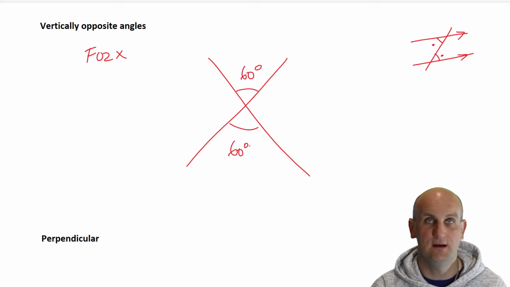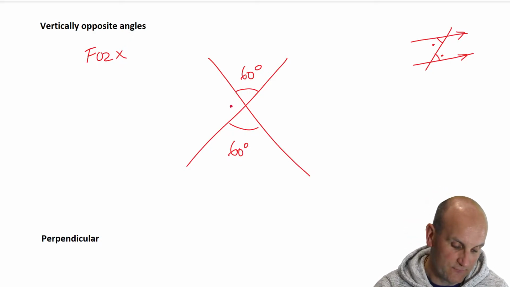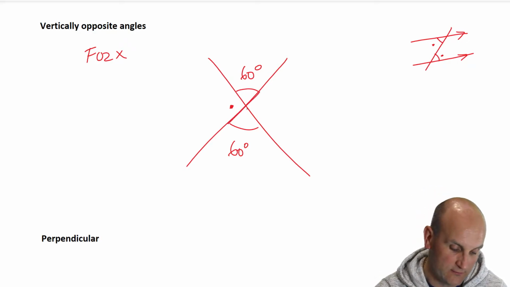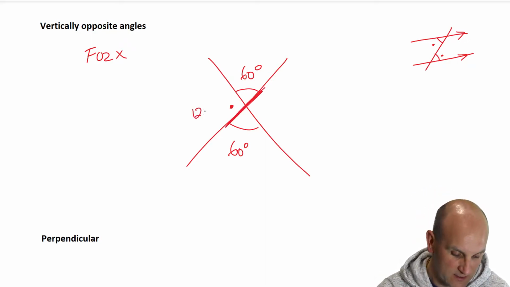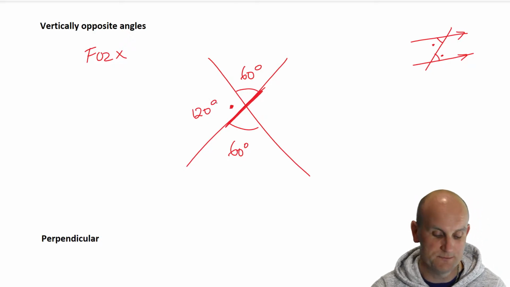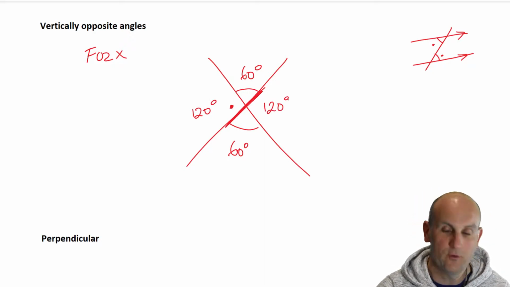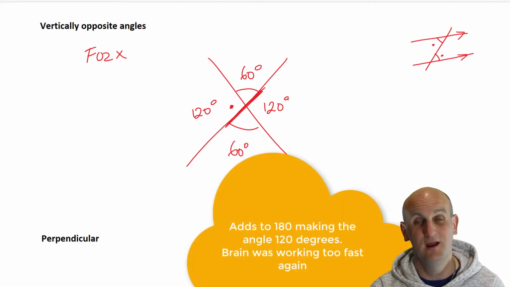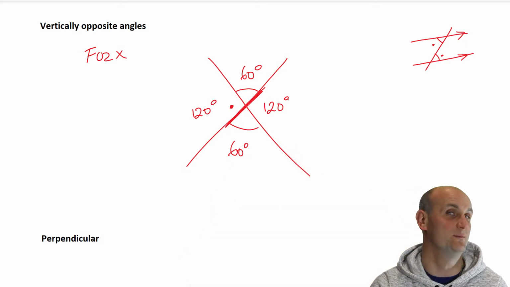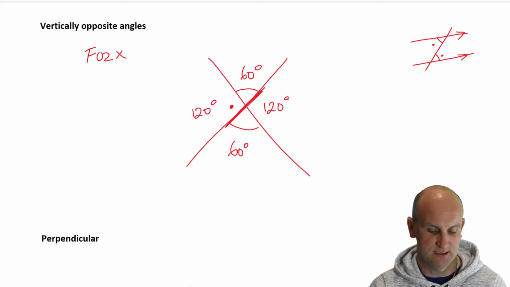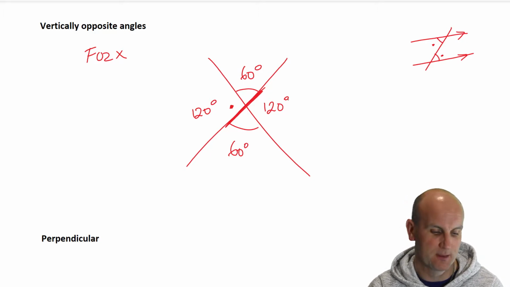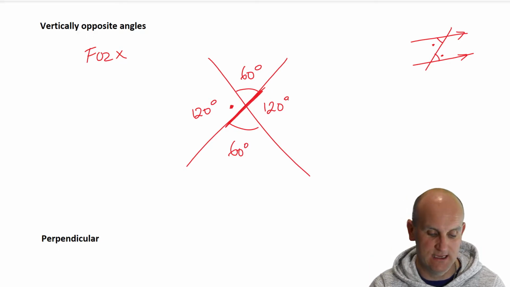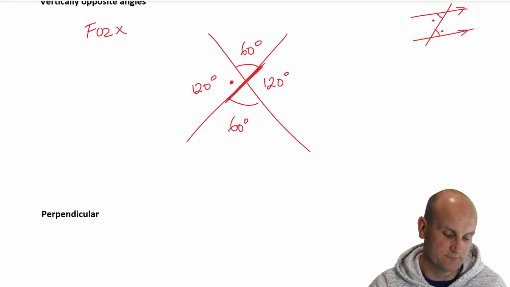Bearing in mind we now have two straight lines, I can find this angle here because angles on a straight line add up to 180 degrees, so that must be 120 degrees, which must mean that this angle here is also 120 degrees. Why? Because they are vertically opposite. They're probably horizontally opposite in this situation, but weirdly we call it vertically opposite. See what I mean? Barry's at it again. Whenever you see an X, the angles either side of each other are exactly the same as each other. They're just called vertically opposite angles.